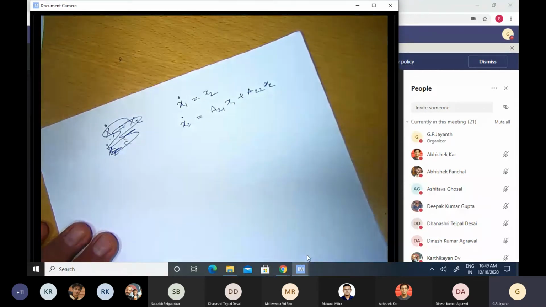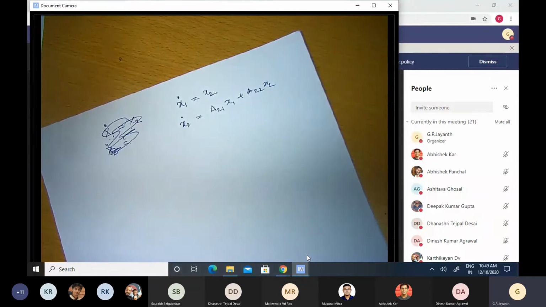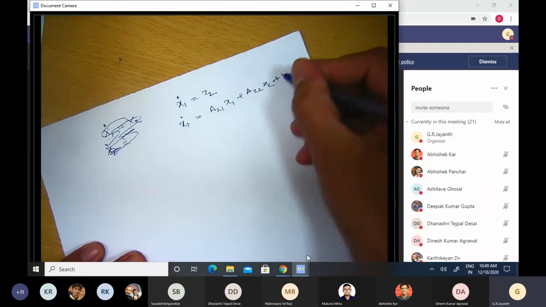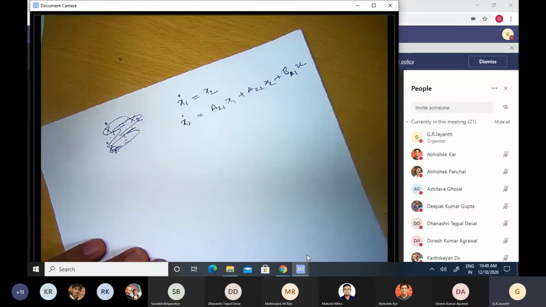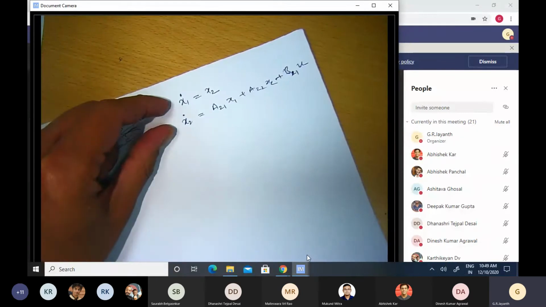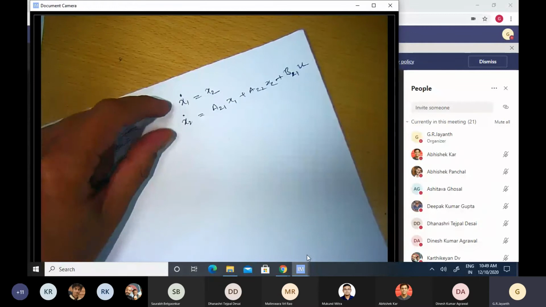What exactly they are would be evident from the exact structure of your mass matrix and your Coriolis terms and so on, plus there will be a b21 u. Some joint torque will also act. This is the kind of equation that a dynamic system would obey.